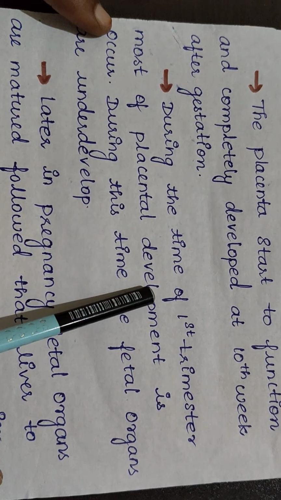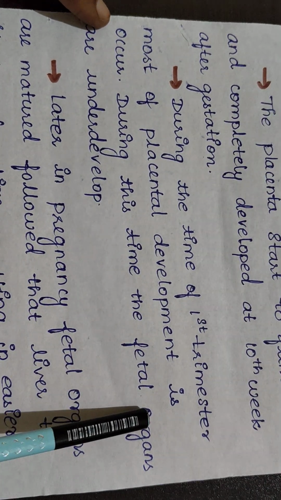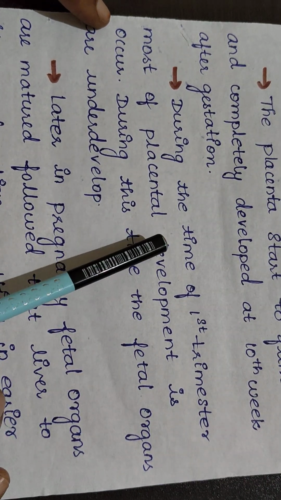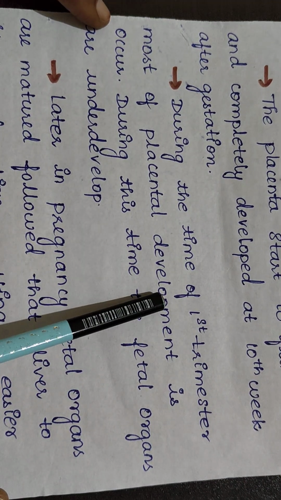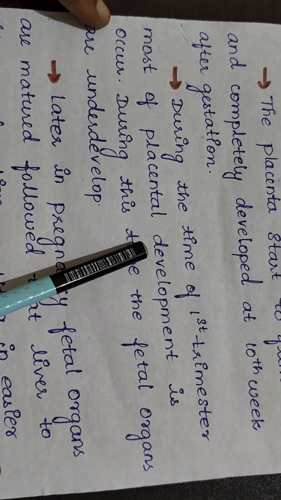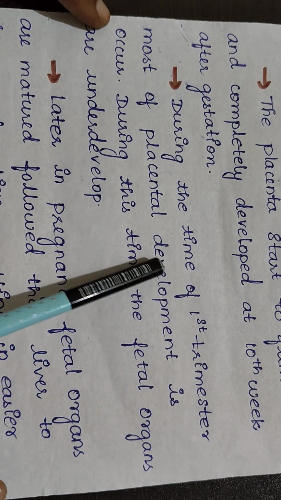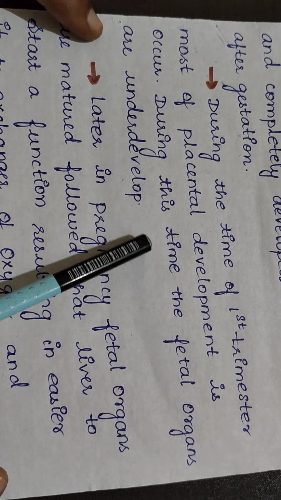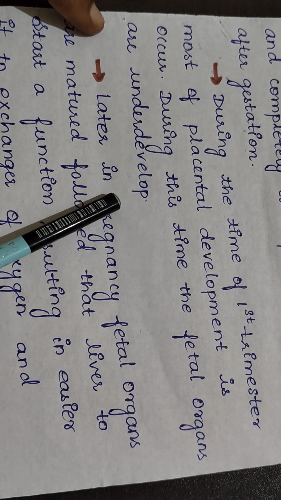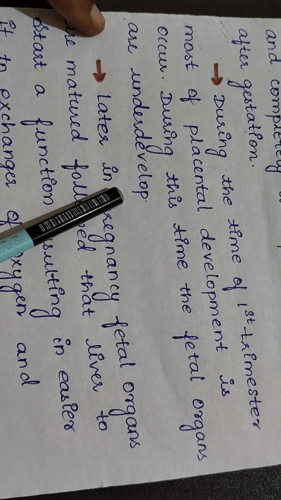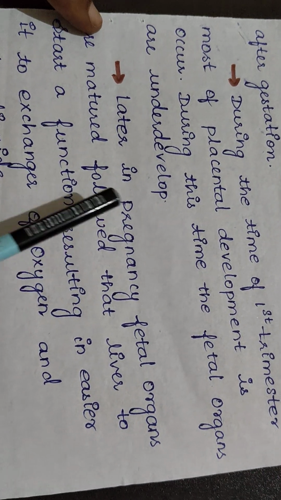And next, during the first trimester, most of the placenta development occurs, meaning in the first 3 months, before the 10th week. During this time the fetal organs are underdeveloped; when the placenta is developing, the fetal parts are only in a rudimentary form.